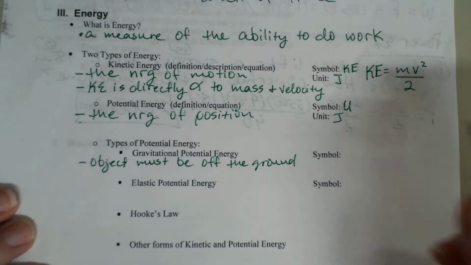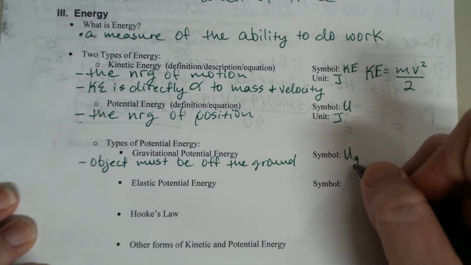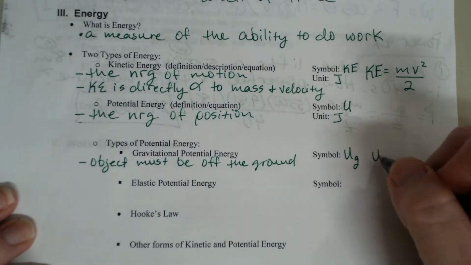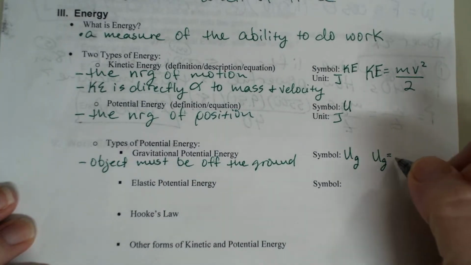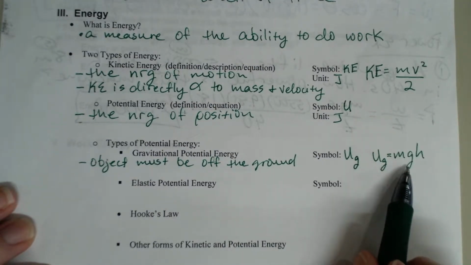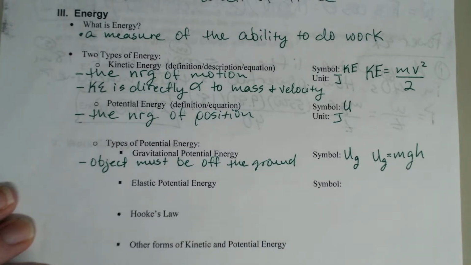The symbol for that is U with a subscript of G for gravitational. And the formula, UG is equal to mgh. So that's m for mass, g for gravity, and h for height. Now height needs to be in meters, because that's the SI unit for length.